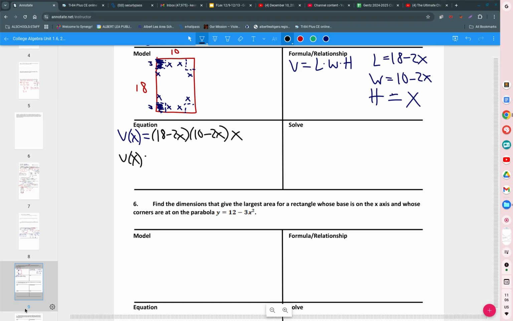Volume in terms of x is, I'm going to multiply this all out. 18 times 10 is 180. 18 times negative 2x is negative 36x. Negative 2x times 10 is negative 20x. And negative 2x times negative 2x is positive 4x squared.